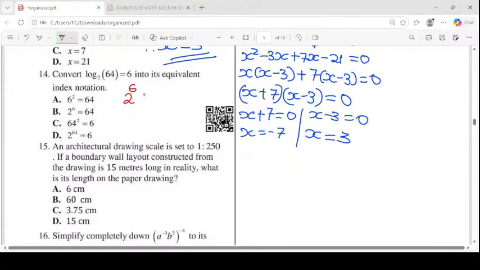Then the power drops and becomes the answer, 64. In other words, these two switch positions. Then the log disappears. So the answer is 2 power 6 is equivalent to 64. Looking at the choices, I exactly have choice B for boy as my correct answer.